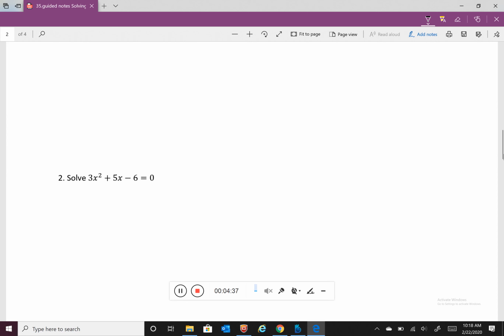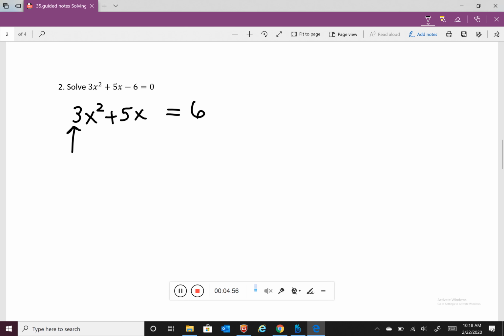Our next example. Similar to your question, A is equal to 3. So the first thing I'm going to do here is get our variable terms on the left-hand side and our constant on the right. And then I am going to ensure that A becomes 1 by dividing all by 3.